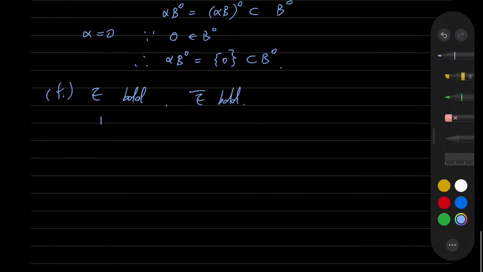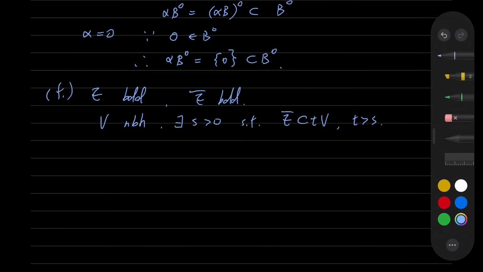So let V be a neighborhood of 0. We need to prove that there exists some positive constant S such that the closure of E lies inside tV for t larger than S. This is what we're trying to prove, and it's a definition. Oh, forgot to take a closure.